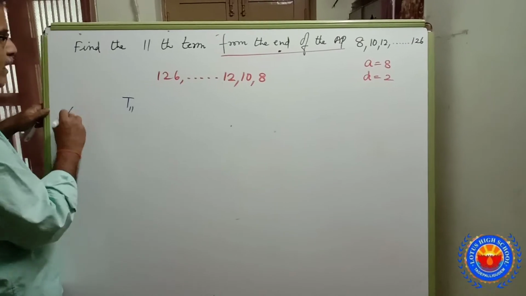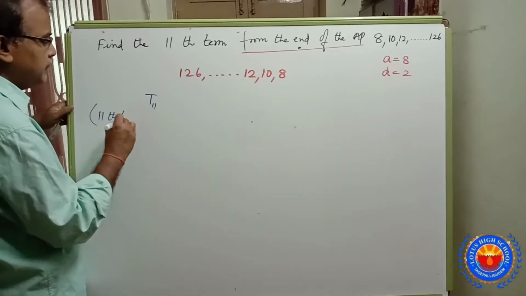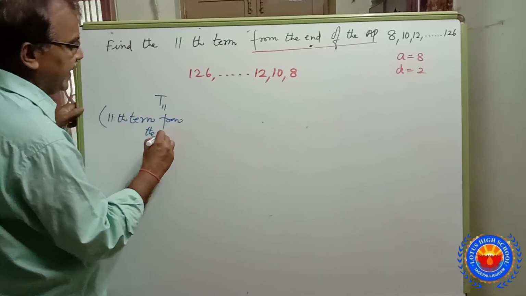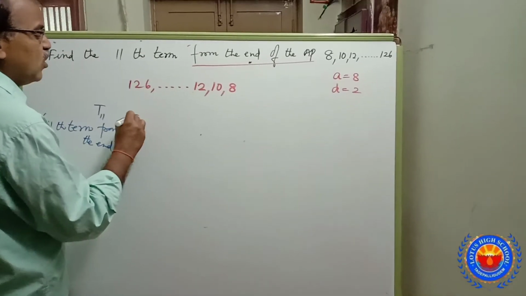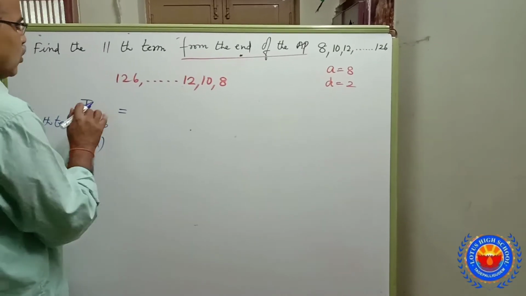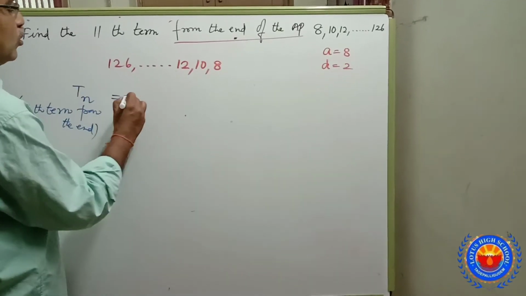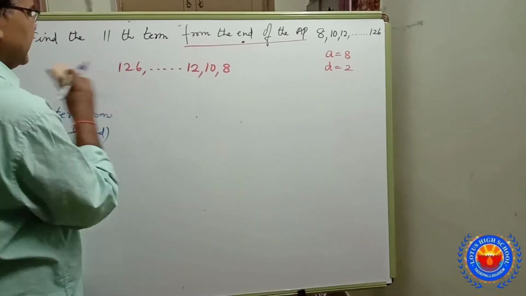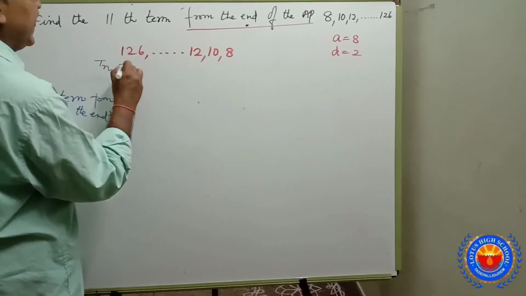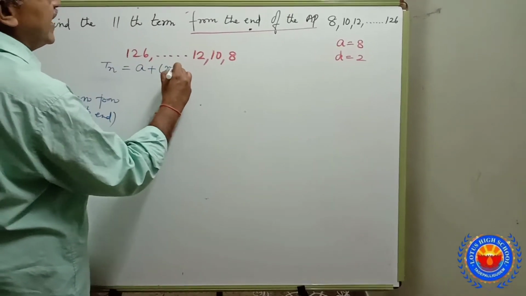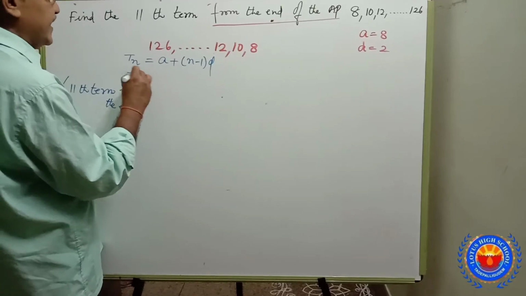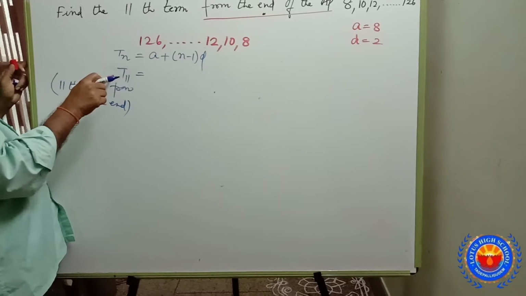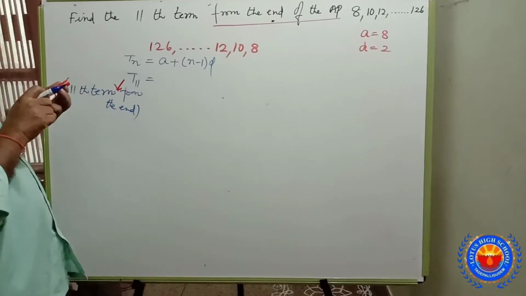So I will write the formula: Tn is equal to A plus (n minus 1) into D. This is T11, which is nothing but the 11th term from the end.